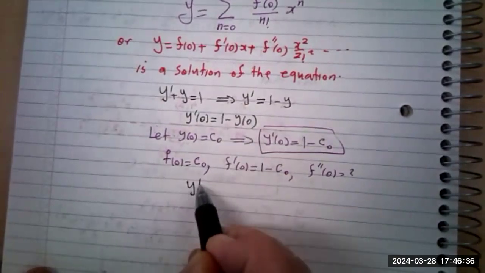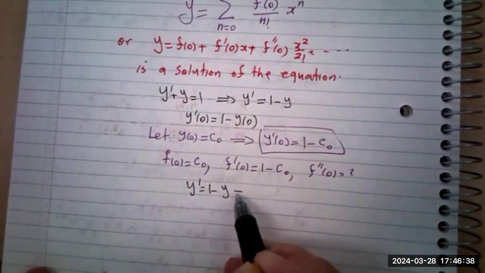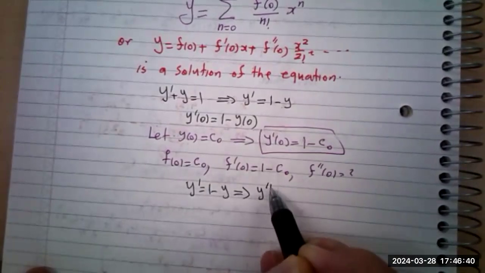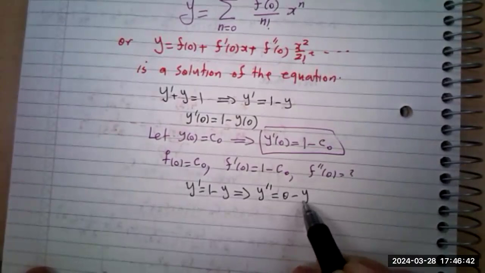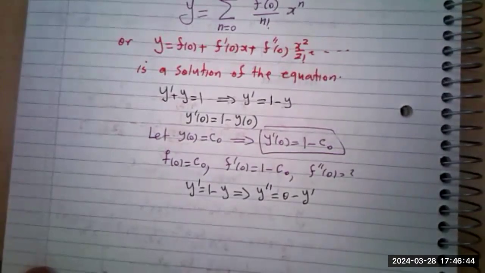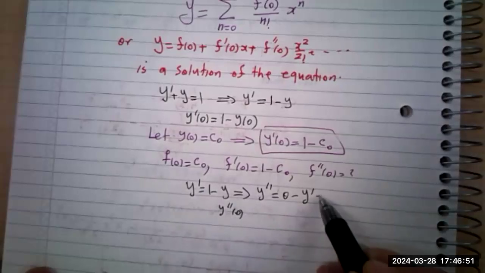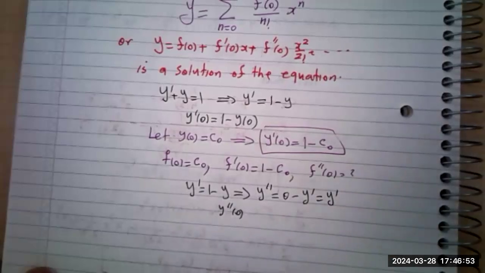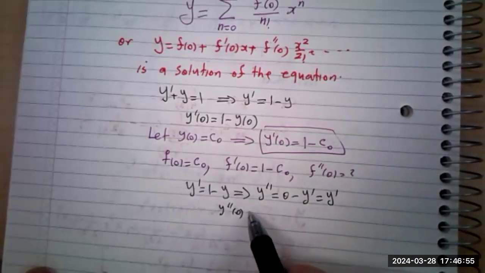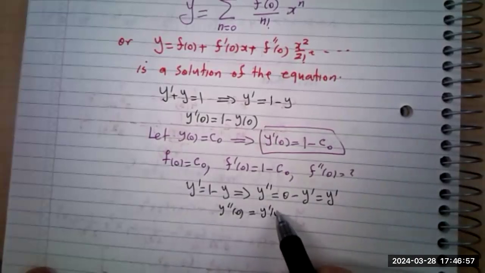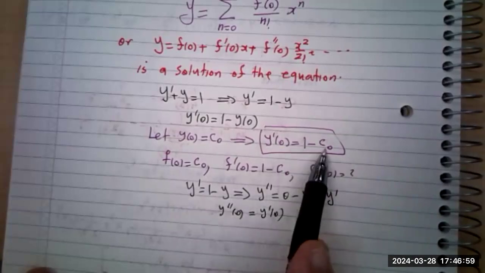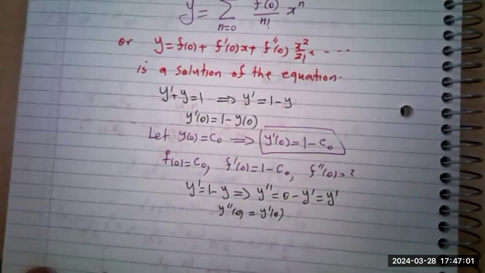See, y prime is equal to 1 minus y. Differentiate it. y double prime is 0 minus y prime. Evaluate it at 0 again. So y double prime of 0 would be equal to y prime of 0, and y prime of 0 is 1 minus c naught.